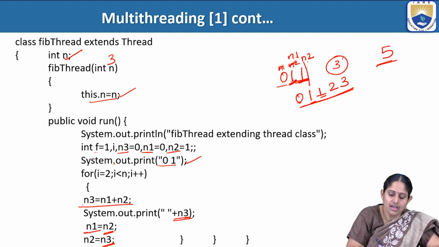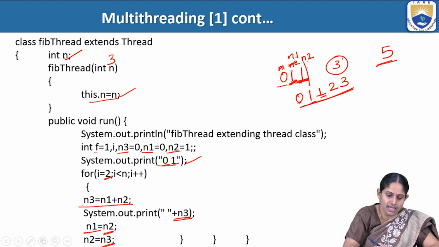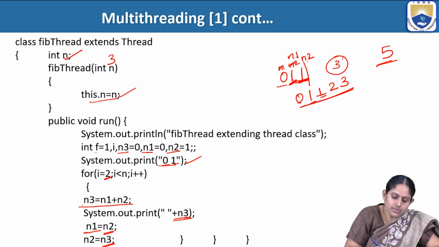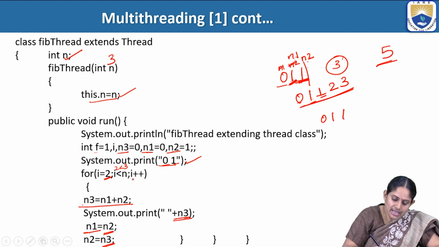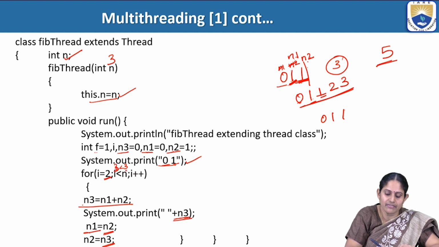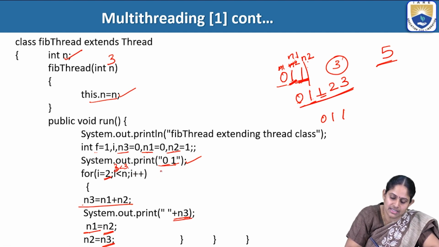So since we are displaying two values 0 and 1, the i value starts from 2, and it has to go till i is less than n. So it will be executed and 1 is already displayed and again 1 will be displayed because of n3. Then again the i value will be increased. So 3, it will be reaching 3. The i value will become 3. So 3 is less than 3, that is false.